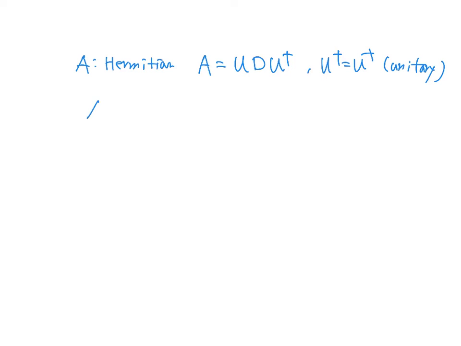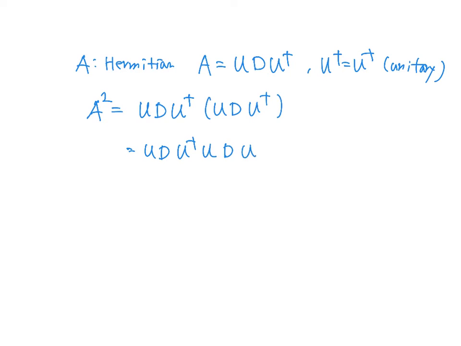Then A square is U D U dagger, U D U dagger, right? But the matrix multiplication is associative. U D U dagger U D U dagger, and this becomes identity, right? So it becomes U D square U dagger.